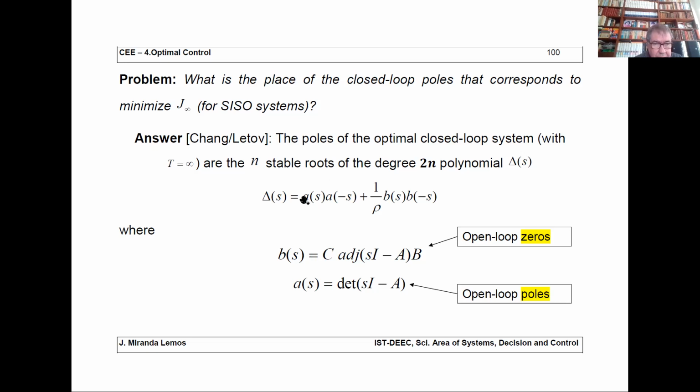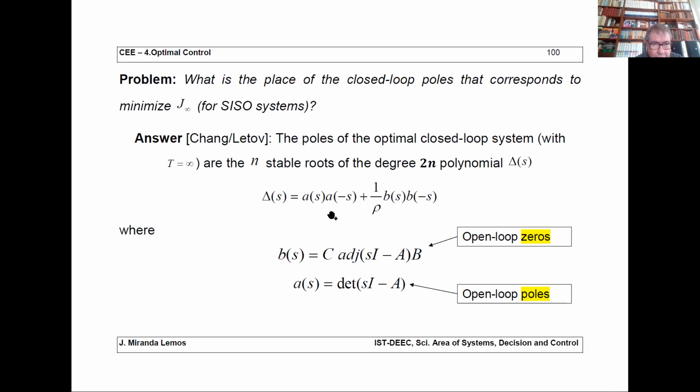Now you form this polynomial, and this polynomial now has an order which is the double of the order of the original system, because you have A of s times A of minus s. So for instance, if your plant is of second order, delta is a polynomial of order 4, the double.